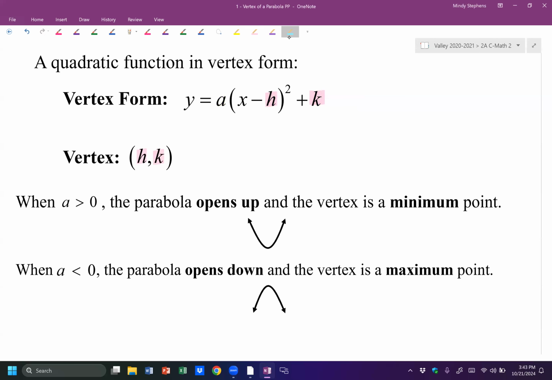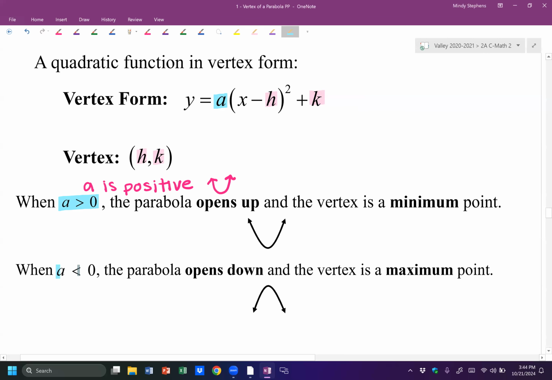Then the A value helps us determine if it's got a maximum or minimum. If A is greater than 0, meaning if A is positive, so write that down. If A is positive, the parabola opens up and it looks like this, which means I'm going to have a minimum.